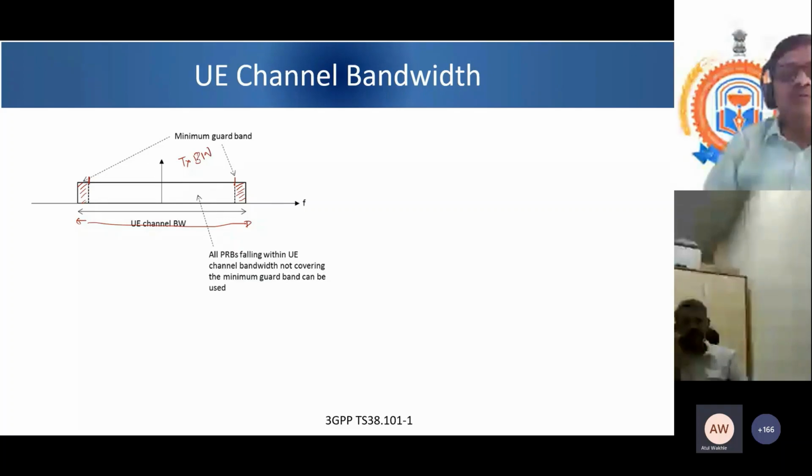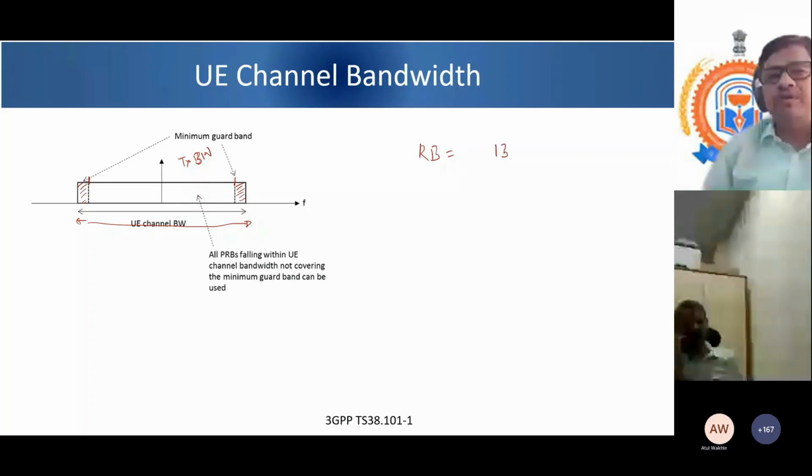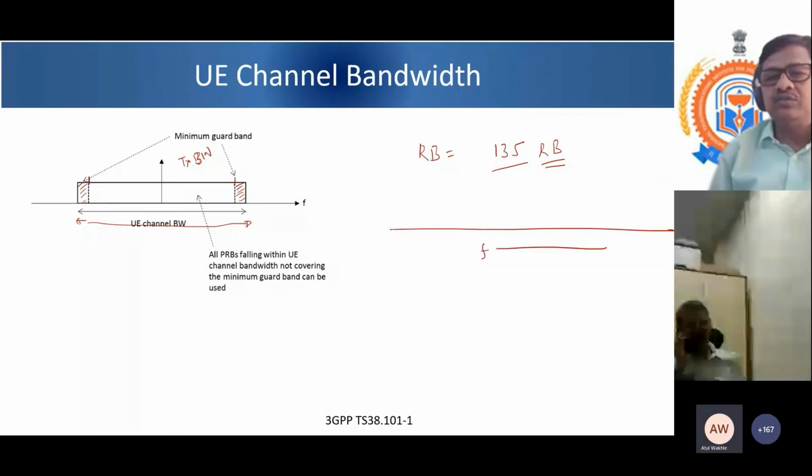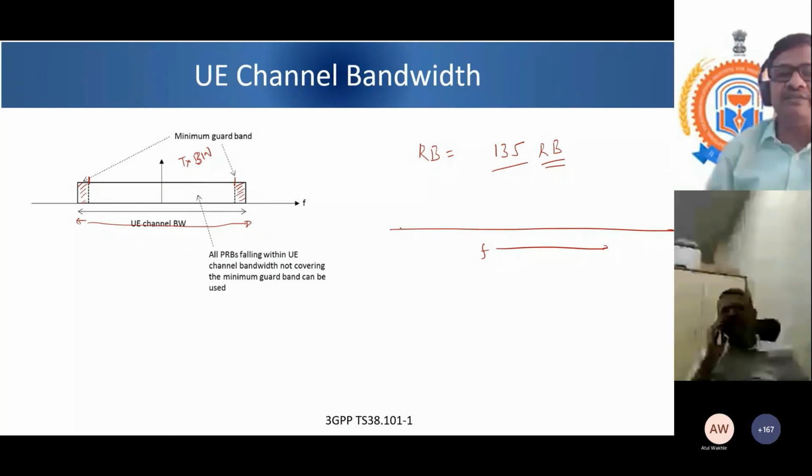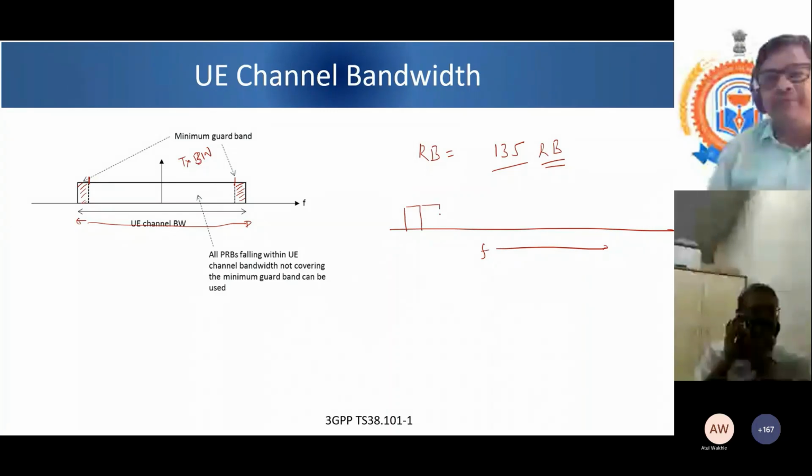But one thing we have to note is that we had the concept of RB. In one of our calculations, we found that we had 135 RBs within the bandwidth. Suppose this is the frequency domain. Your RB cannot start arbitrarily at any point; there is a defined start point. Suppose RB1 starts here, then we have RB2, RB3, and so on.